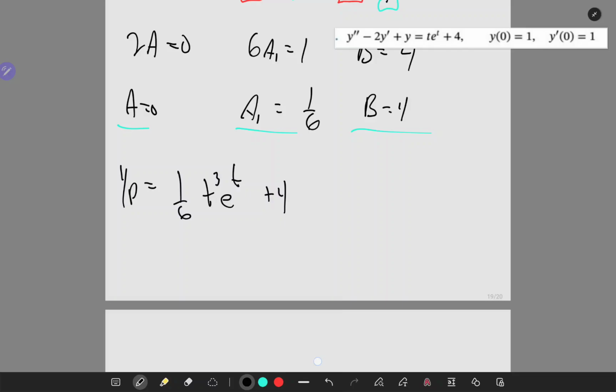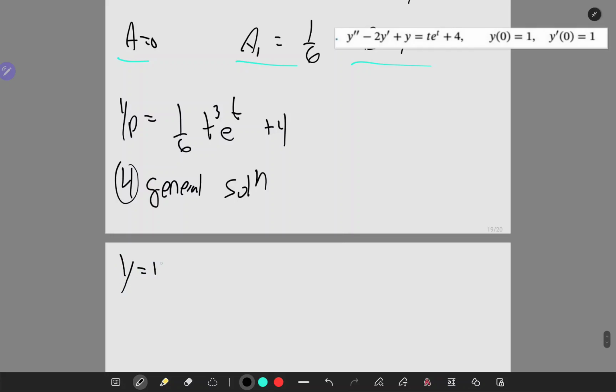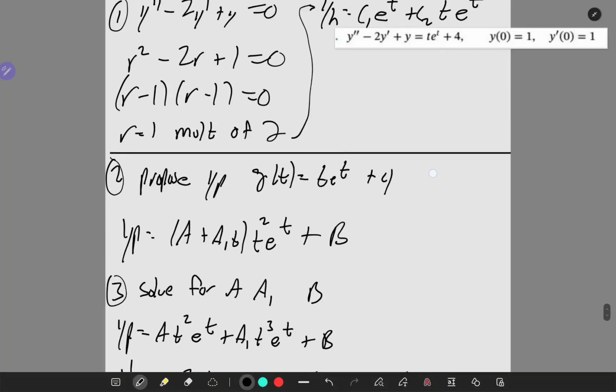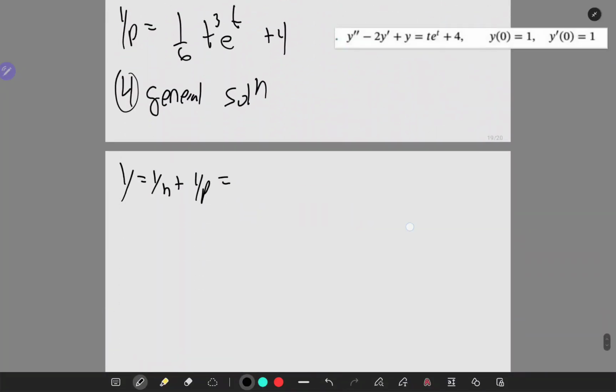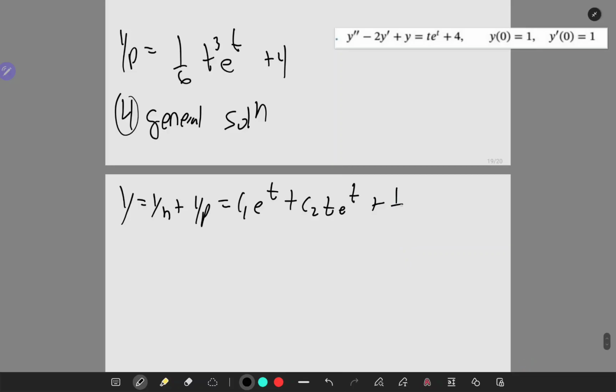Yep, and now we do our general solution, step 4. General solution: y is equal to y sub h plus y sub p, which is c1 e to the t plus c2 e to the t plus 1/6 t cubed e to the t plus 4.